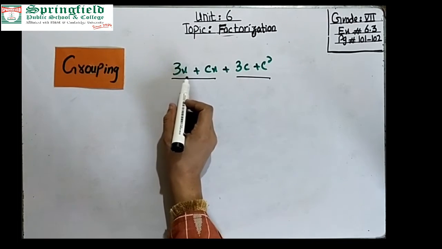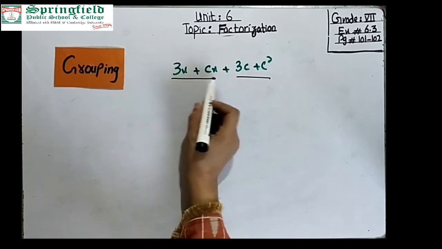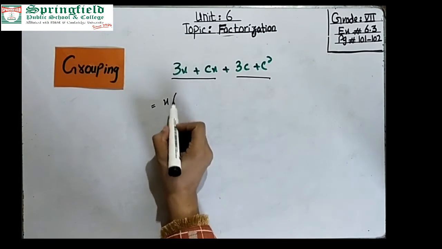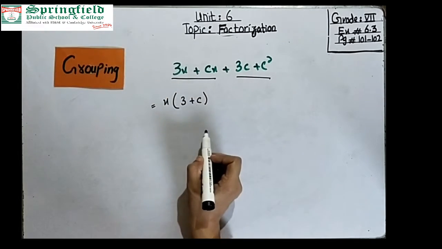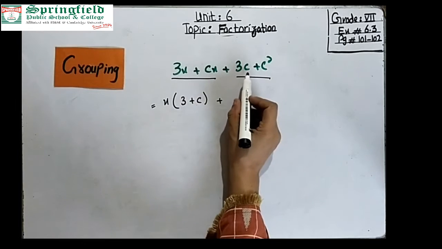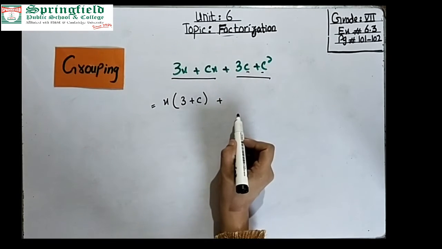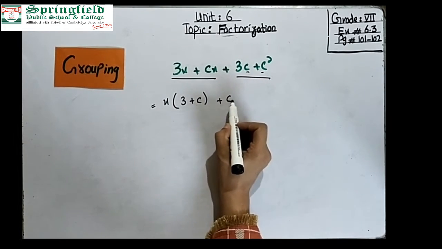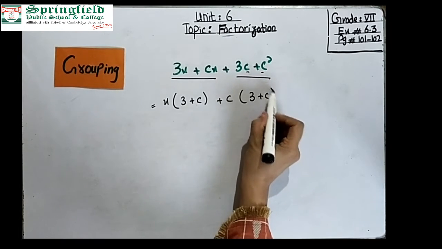Look here, x and x. x is common in both the algebraic terms. So we write x common, then 3 plus c is left inside the bracket, plus c, and c is common in the other 2 algebraic terms. So c times 3 plus c is left inside the bracket.